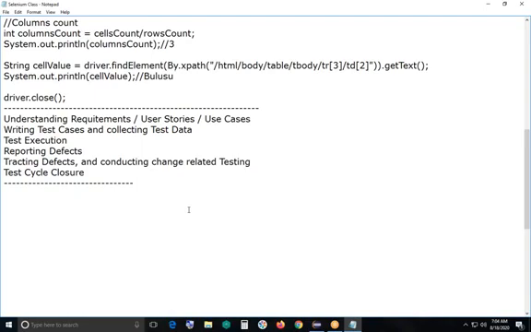We can't say only understanding requirements is important, or only reporting defects, or only writing test cases. But out of these responsibilities, which one is more important and mandatory for testing?